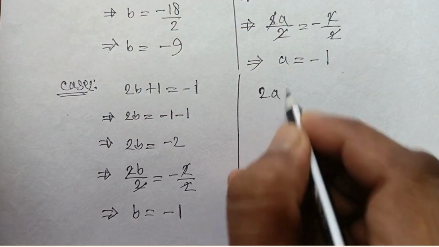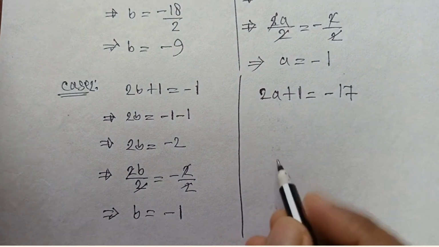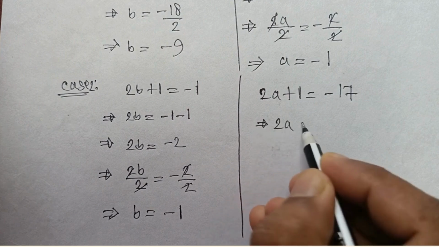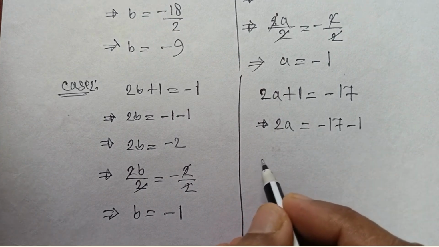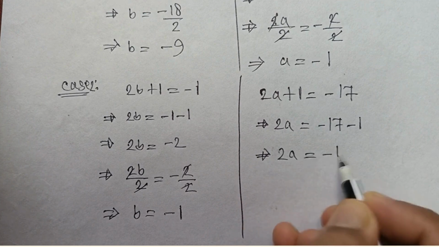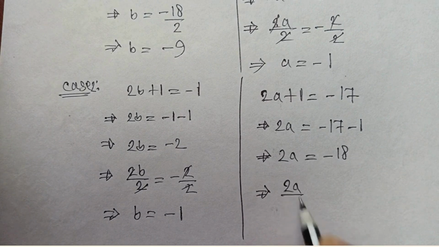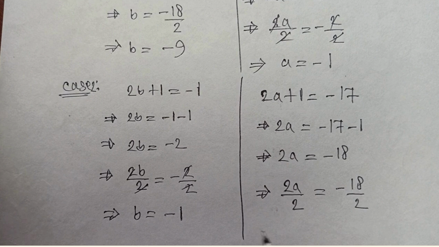Similarly 2a + 1 is equal to minus 17, 2a = -17 - 1, 2a = -18. If we divide by 2 on both sides, then the 2 cancels out, a = -9.